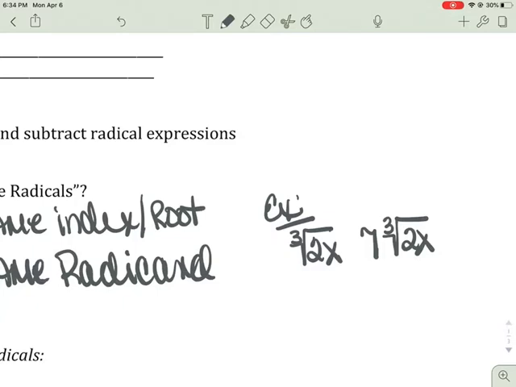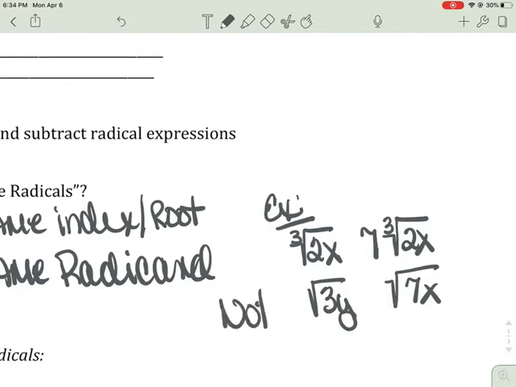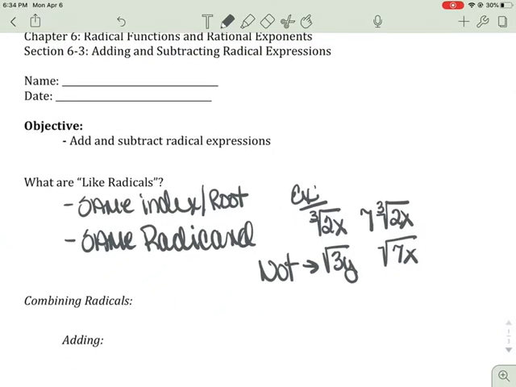But something like the square root of 3y and the square root of 7x are not like radicals. They may have the same root, but they don't have the same radicand.